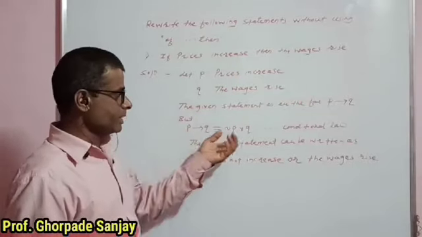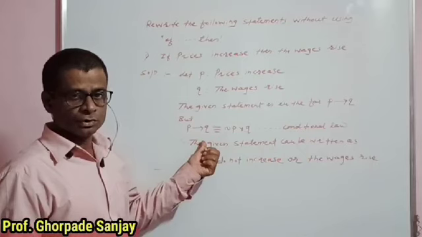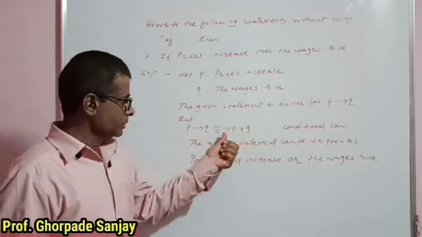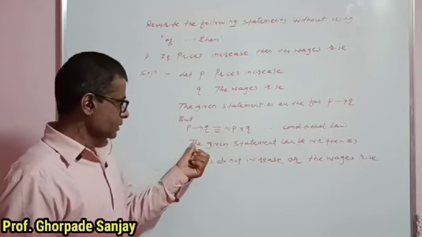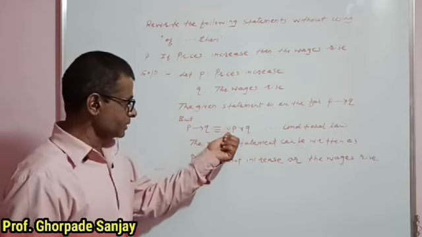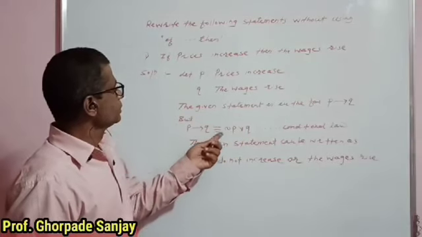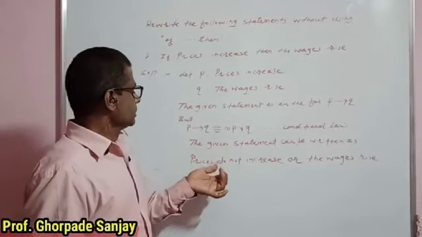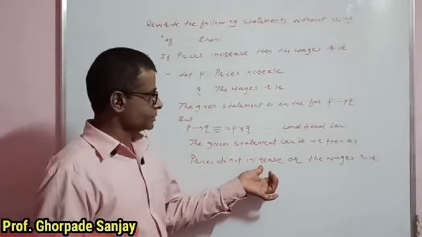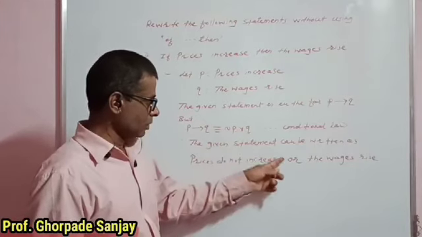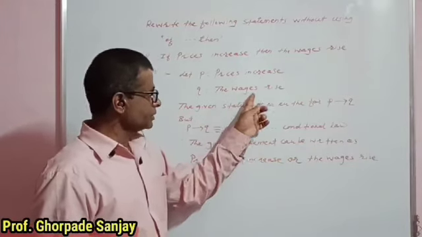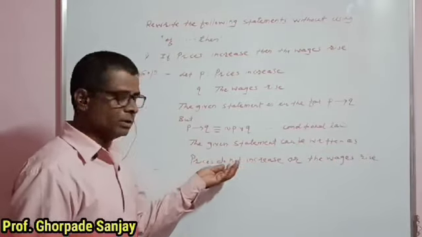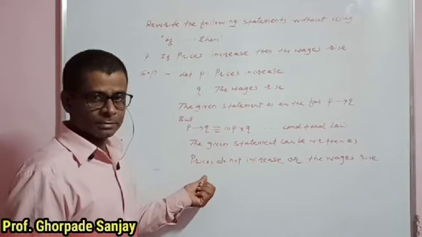So we know that by using the conditional law, P conditional Q is logically equivalent to what? Negation of P, disjunction Q. Now you have to write its verbal meaning. So now you have to write this in a sentence form. Negation of P is there. What is P? Prices increase. Its negation: prices do not increase. Disjunction means or. Statement Q, the wages rise. So without using if then, we have written this statement.